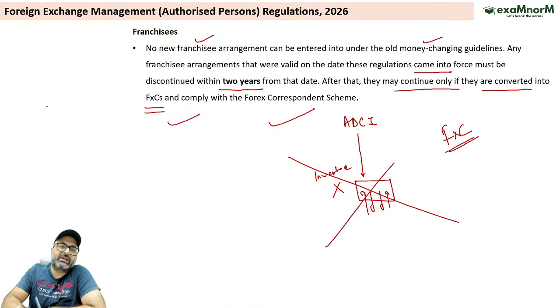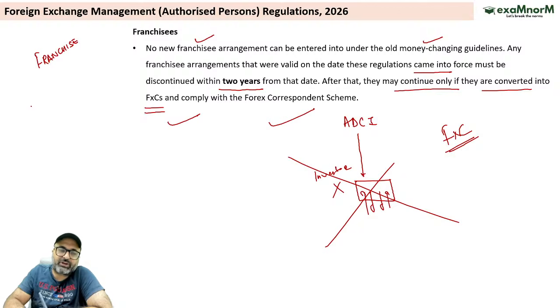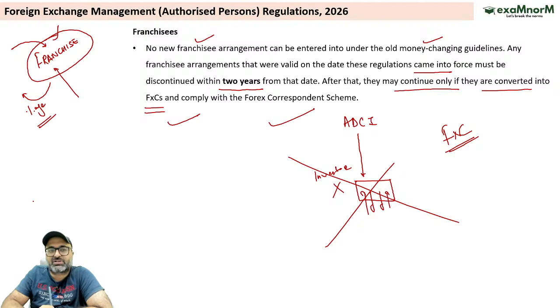लास्ट पॉइंट सिंपल है कि अगर आपने एक फ्रेंचाइज़ मॉडल क्रिएट किया है, फ्रेंचाइज़ मॉडल और कॉरेस्पॉन्डेंट मॉडल में क्या डिफरेंस है. फ्रेंचाइज़ में you give the ownership of day-to-day operations to the third party, and the third party will create the profit out of it, and out of that profit you will be taking up a certain percentage as royalty because you are allowing the investor to use your name.